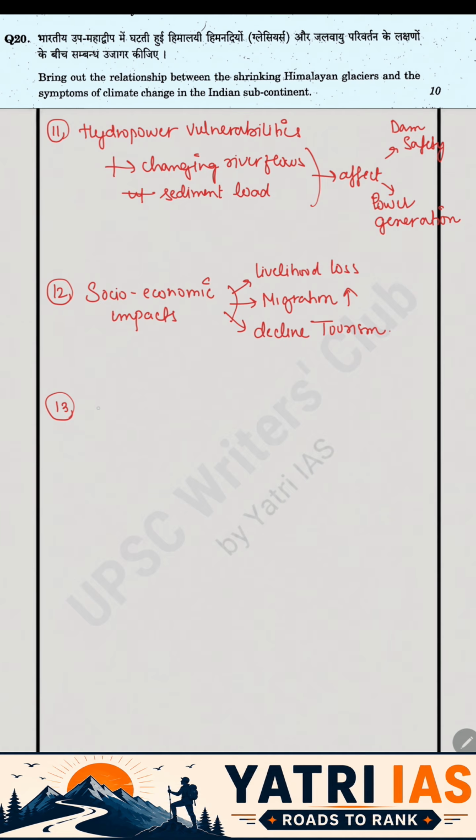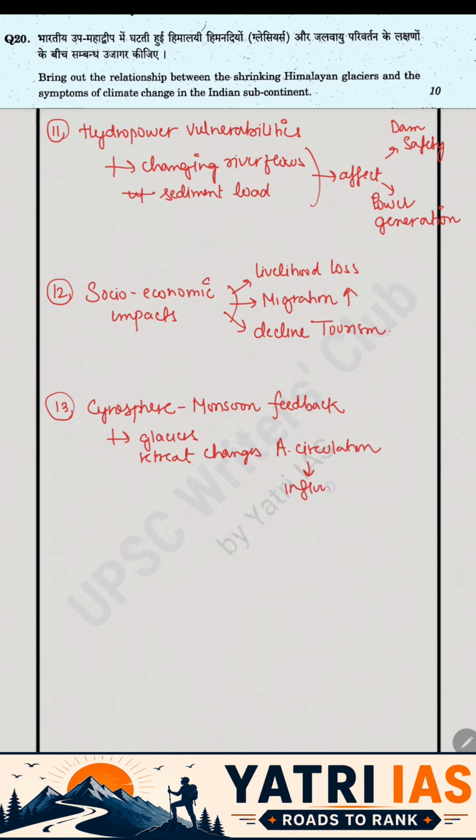Then you would mention cryosphere monsoon feedback, because towards the end of your points you should mention certain relevant and important points to catch the eye of the examiner. Like, what is this? When glaciers retreat, glacier retreat changes atmospheric circulation, which influences monsoon dynamics. This is also one reason.